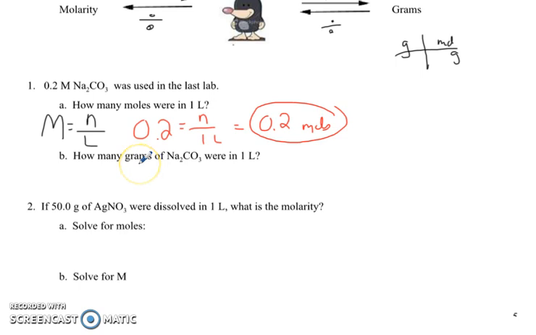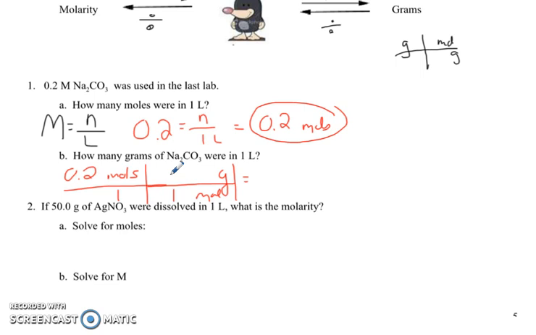For B, how many grams of sodium carbonate were in 1 liter? So if I have 0.2 moles, blast from the past, factor labeling, I want to get from 1 mole to the grams. How do I find my grams? Shout it out. You're right, periodic table. So what is the molar mass of sodium carbonate?